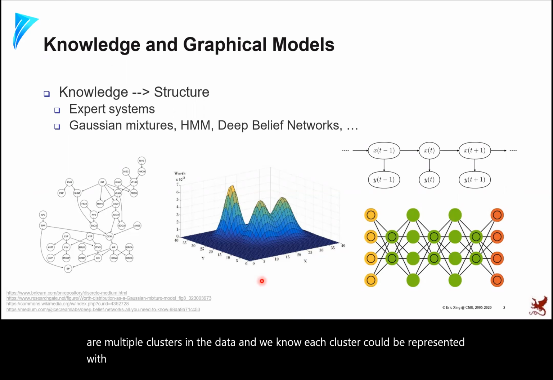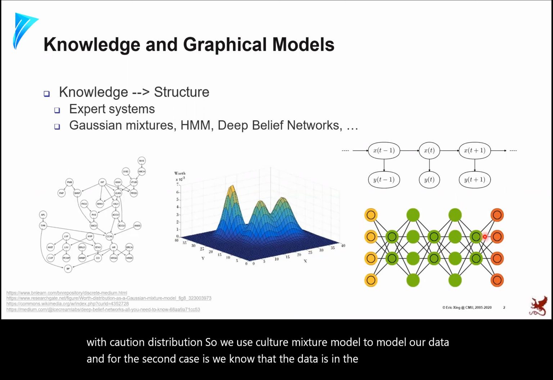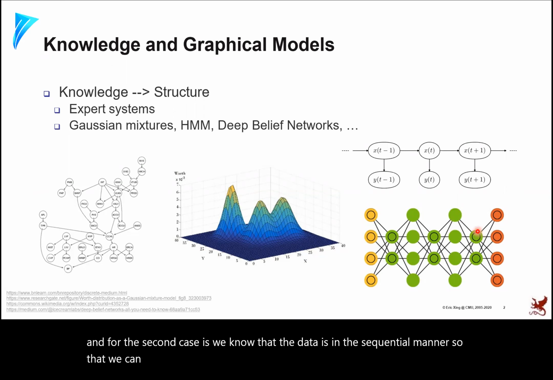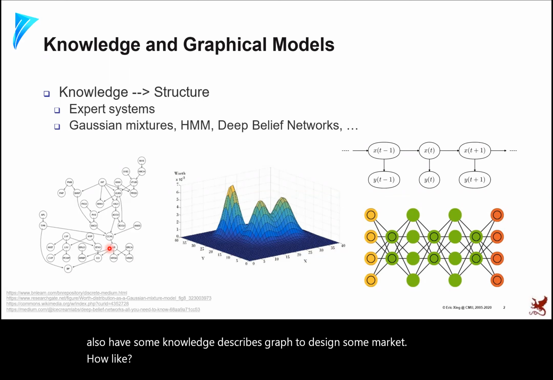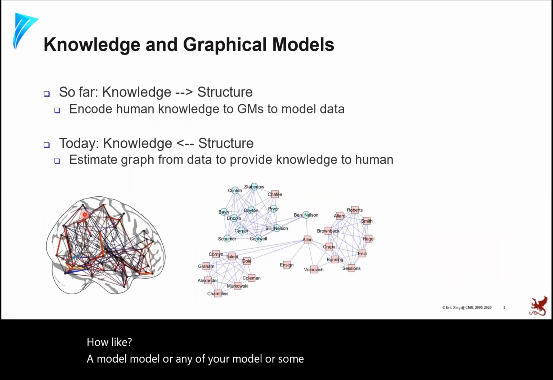So we use a Gaussian mixture model to model our data. In the second case, we know that the data is sequential so that we can utilize the Markov model. And in general, we can also have some knowledge described as a graph to design a Markov random field model, or some expert system like in Figure 1.